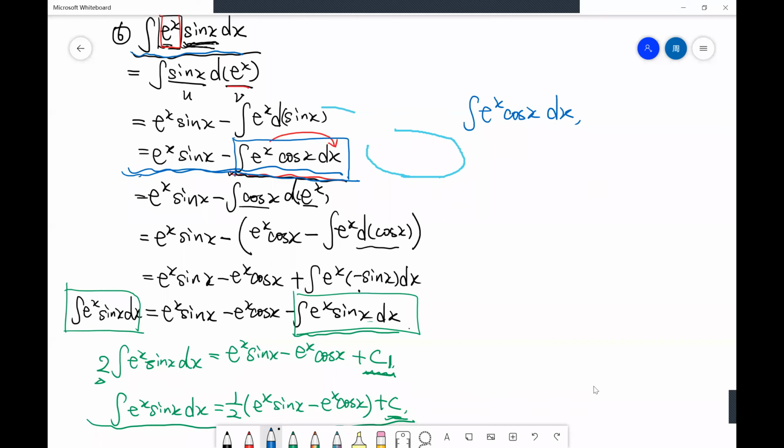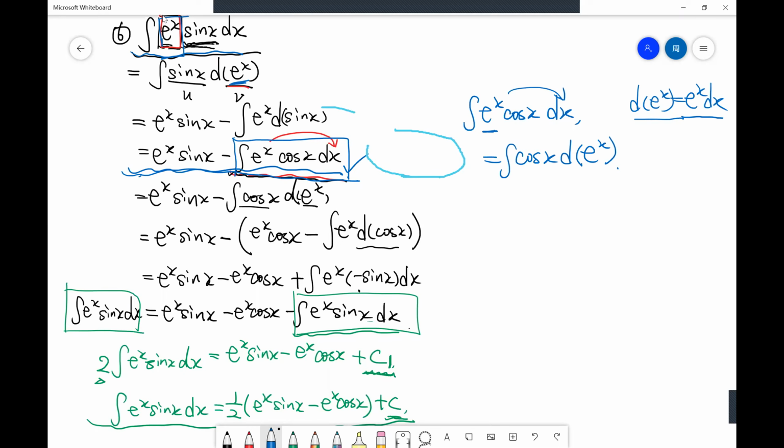And we should follow one principle that I have emphasized before: if you choose e^x here as v, then for this part, you should also choose e^x as v. That means we should write it as cos x d(e^x) here, right? Because d(e^x) equals e^x dx. They are the same, right? So it is a very important thing you should remember.